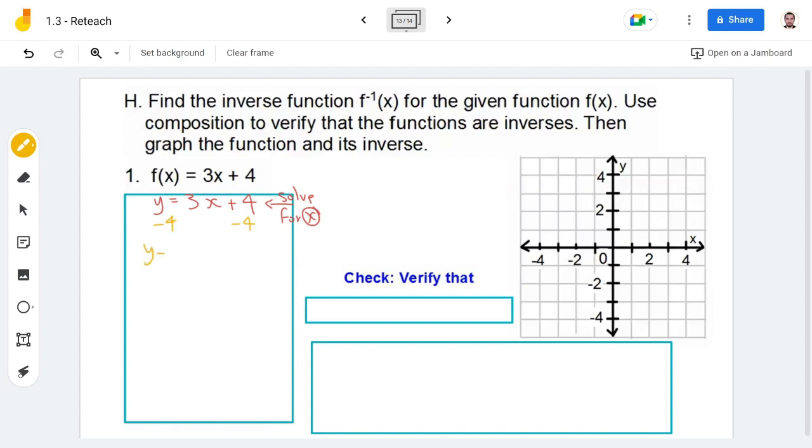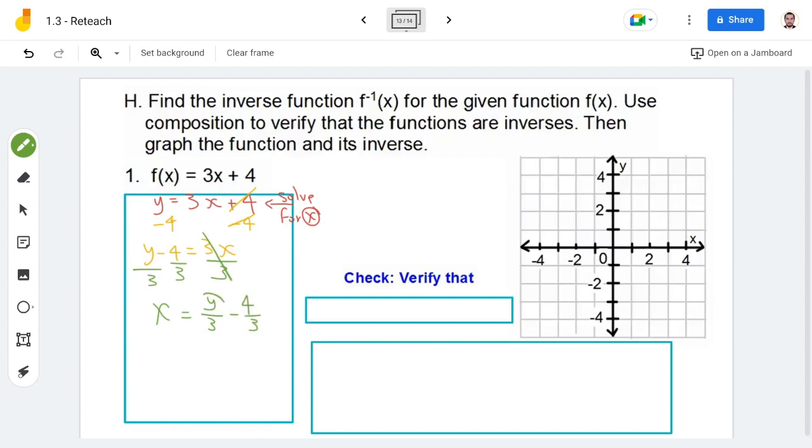So it will be y minus 4 equals 3x after we cancel this. Then let's divide by 3 on both sides. So we cancel this. Now x equals y over 3 minus 4 over 3.